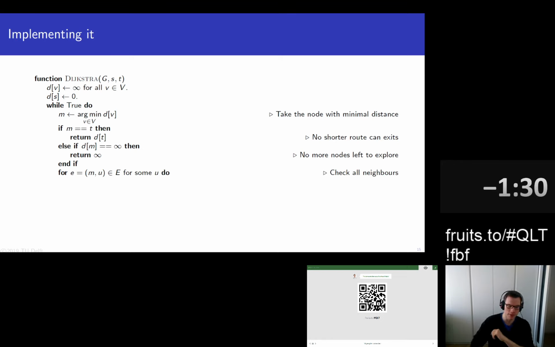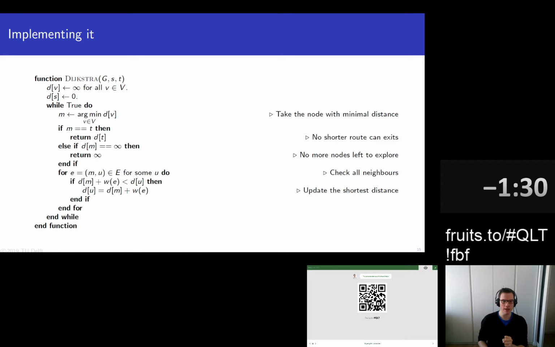And now we get into the meat of it. So I have taken out the vertex that's closest. Now I'm going to consider all of the edges leaving that node. And I'm going to check, do they get me a shorter distance to the vertex they connect to?